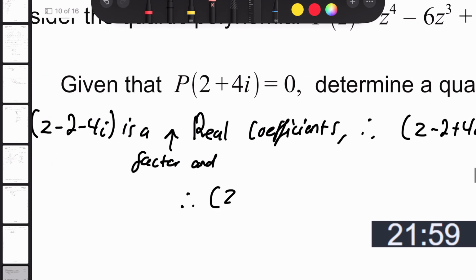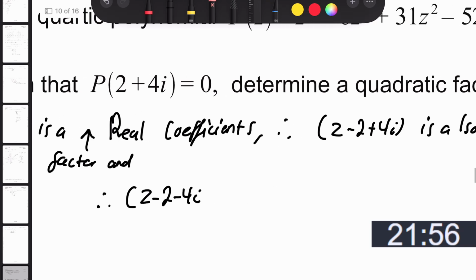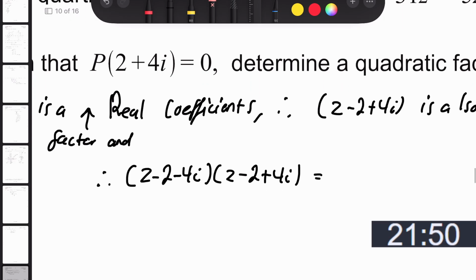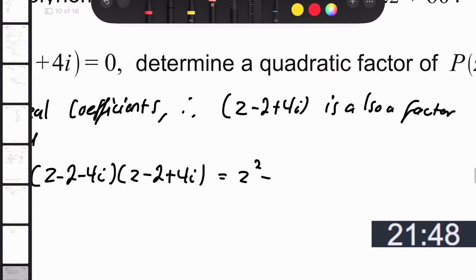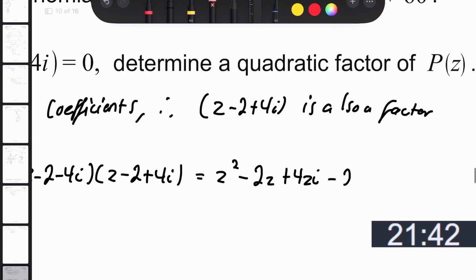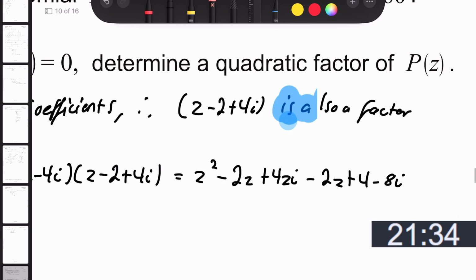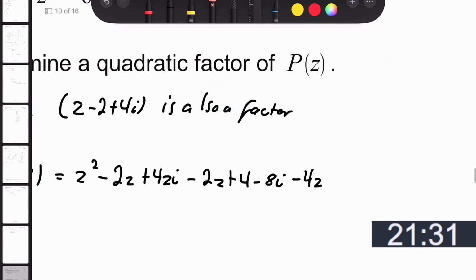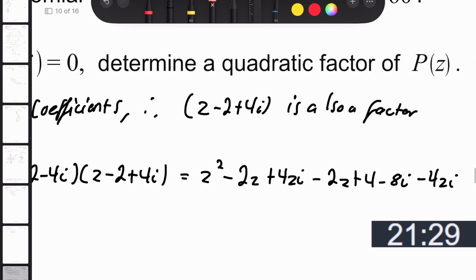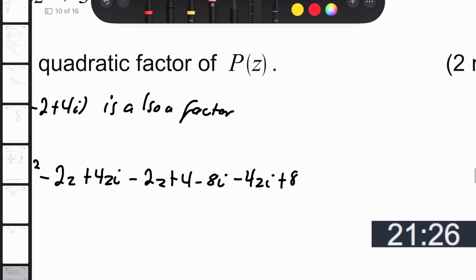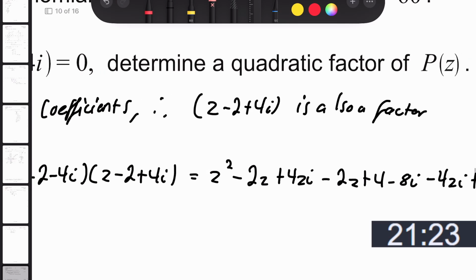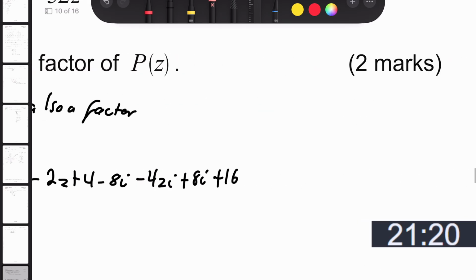Therefore it's z minus 2 minus 4i and z minus 2 plus 4i is going to equal z squared minus 2z plus 4zi minus 2z plus 4 minus 8i, then minus 4zi plus 8i, then negative 16, then i squared, so plus 16.